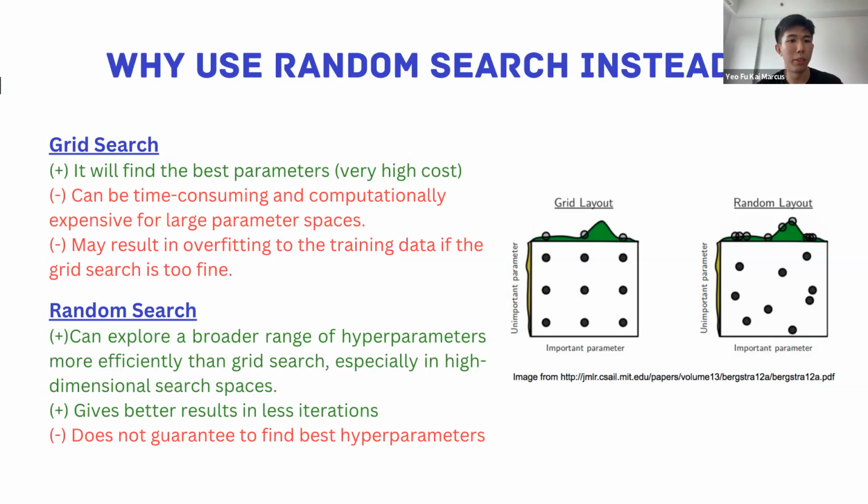Overall, while random search can be more efficient and effective for hyperparameter optimization compared to grid search, especially when dealing with large and complex models, you also have to note that there's no one size fits all solution. The optimal method for hyperparameter tuning ultimately depends on the specific problem, data set, or even the model architecture.